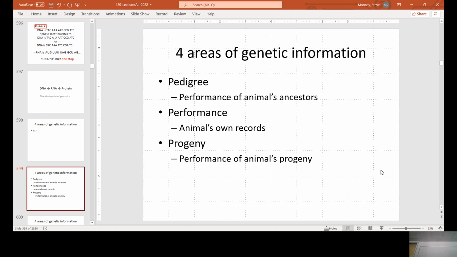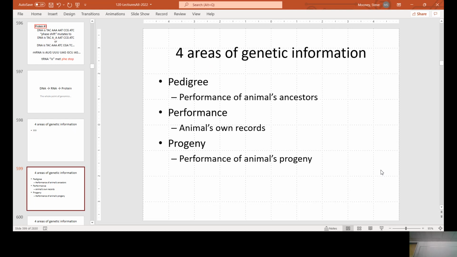We can also look at the progeny. This is what we do with our bulls historically. How much milk is in this bull? Well, he's not going to express that with his own performance. He's not going to lactate, but his progeny will. We look at their performance and then we interpret what the genetics are of that animal.